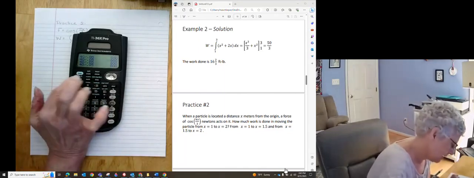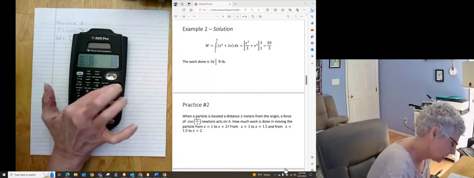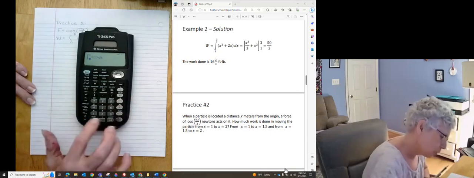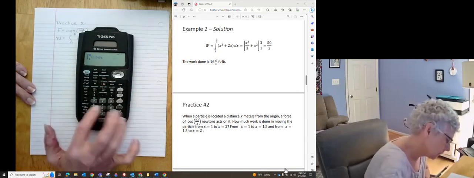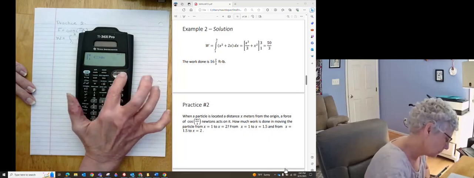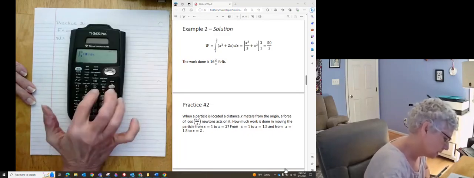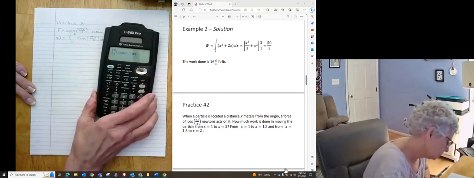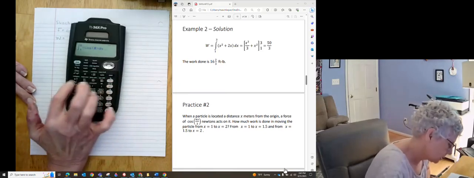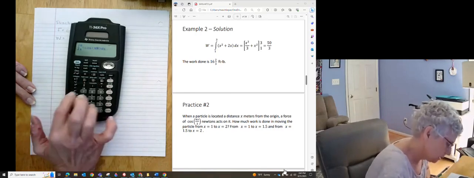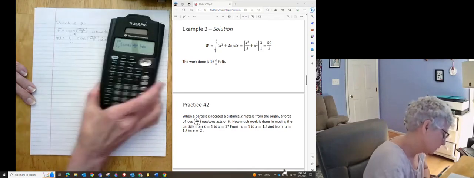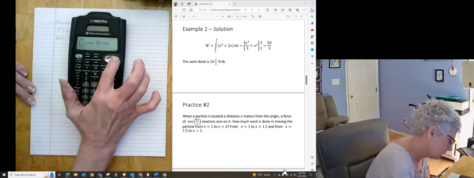Turn it on. Don't know why I have that on there, but we're going to clear it off. Do second integral from 1 to 2 cosine, be sure you're in radian mode, pi x over 3.